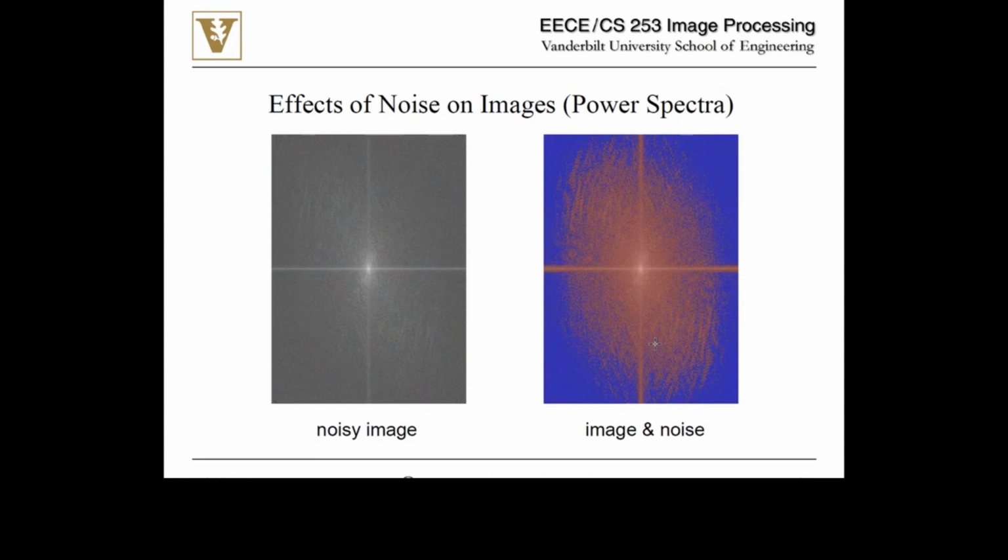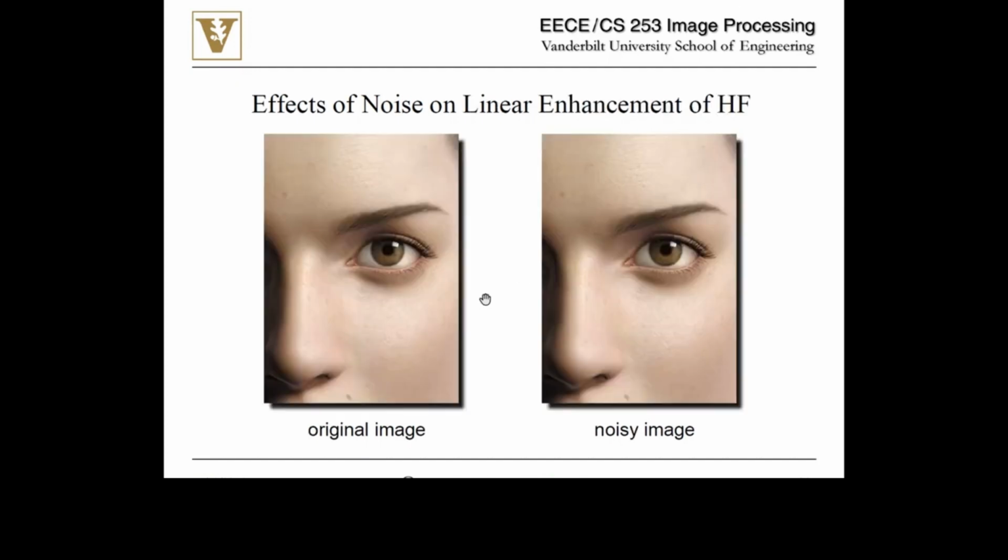Because this is a simulated example, we know for which coefficients we have more signal than noise. But in reality, you never know. The concept still applies, but in reality, you don't know for which frequencies you have more power coming from the signal than from the noise.